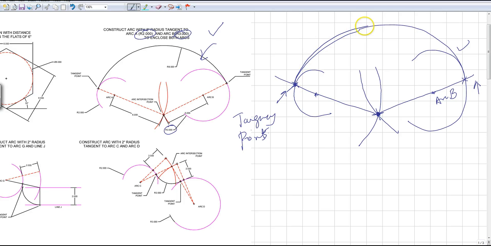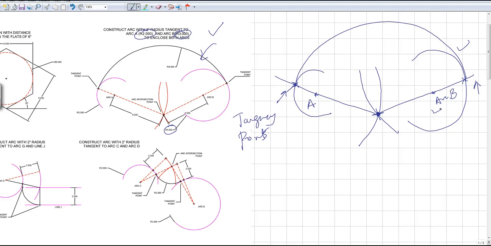So this is my tangent of radius 8. This is my arc of radius 8, tangent to arc A and tangent to arc B.